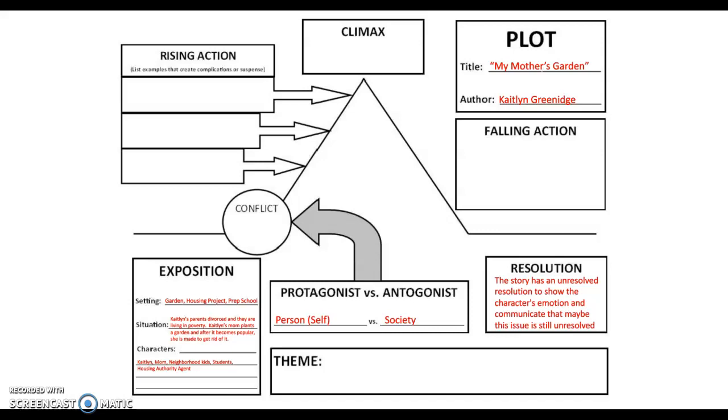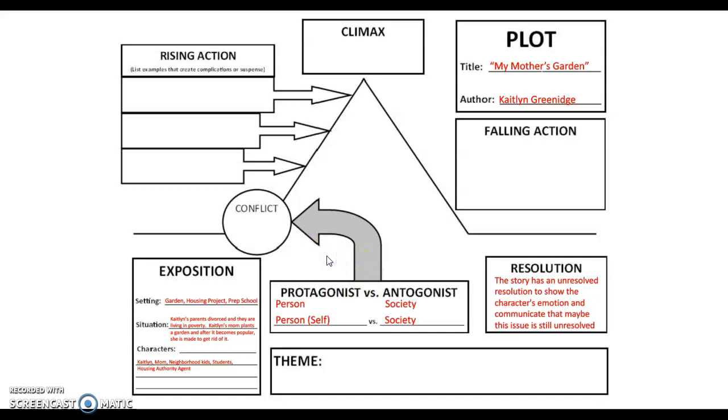Now, other people said that Caitlin's conflict is more of an internal conflict, because these people really aren't fighting her necessarily, and everything that she's feeling is very internal because she doesn't really express it. So you can do either one. If you want to do person versus self, if you want to do person versus society, either one works.